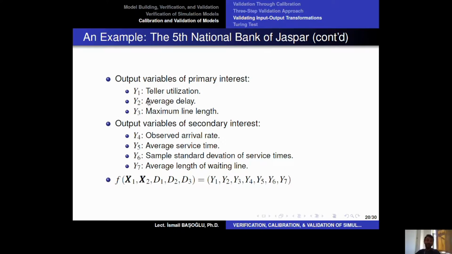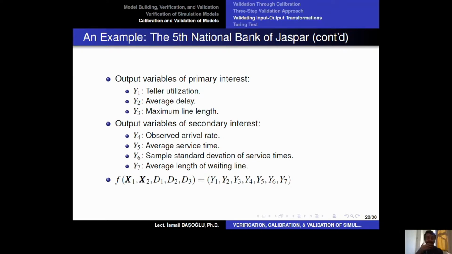Now, of course, like in every system, we will have some output variables of interest in the system as well. So Y1 is the teller utilization, Y2 is the average delay, and Y3 is the maximum line length. So what is the teller utilization? It's the fraction of time that the teller is being in use, being busy. What is the average delay? It is the average waiting time in the queue for all clients.